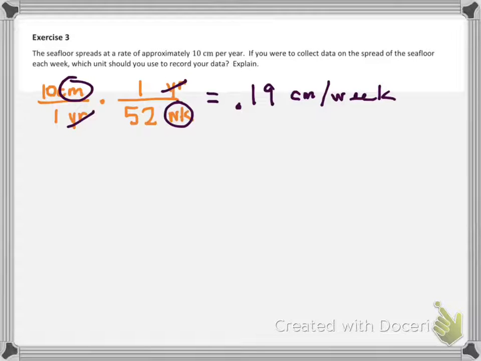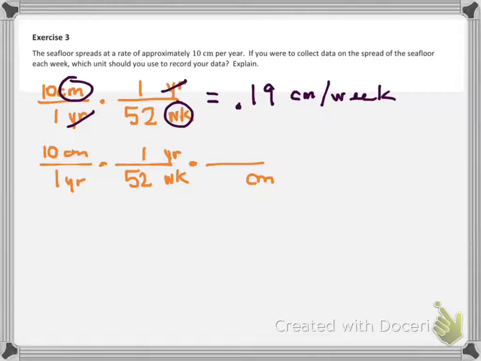Let's try another one. Let's change this time into meters. Let's see what meters is. If I start with 10 centimeters per 1 year, I still want to change it into per week. So I'm going to change the years into weeks, and I know that there are 52 weeks in 1 year. And then I also want to make one more conversion. This time I want to get rid of centimeters, and I want to change them into meters. And there are 100 centimeters in 1 meter.